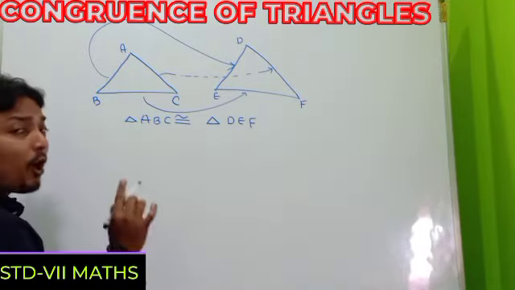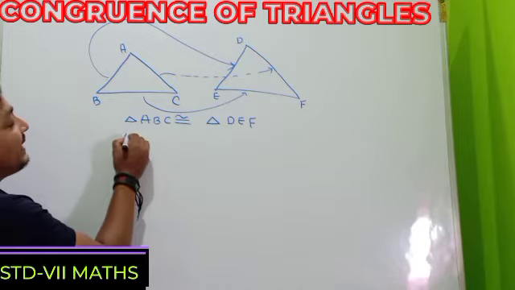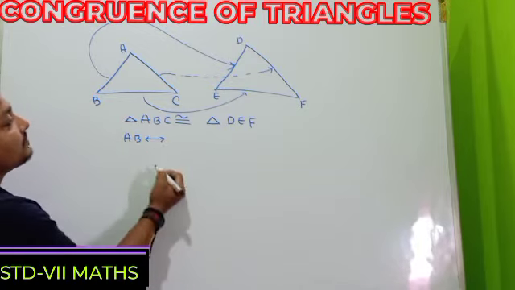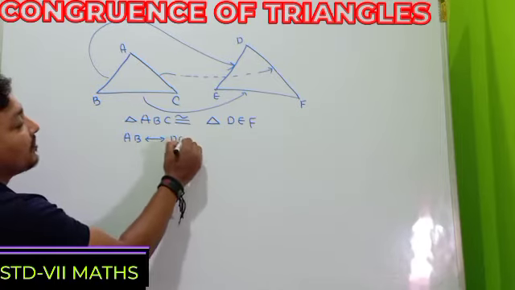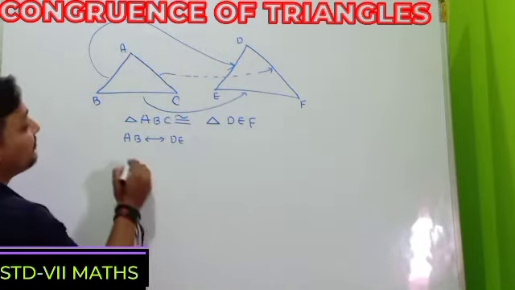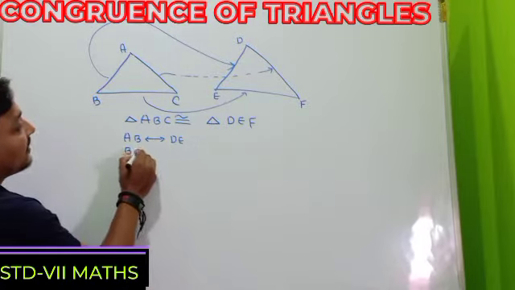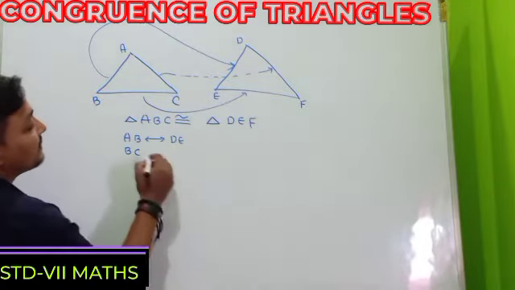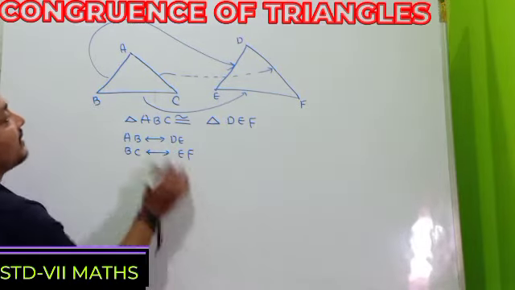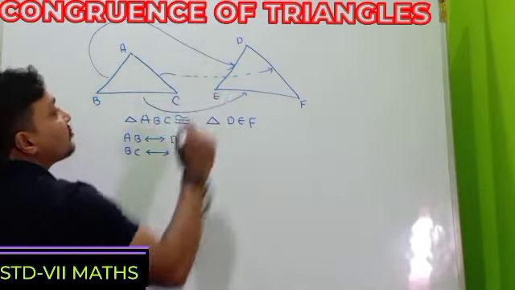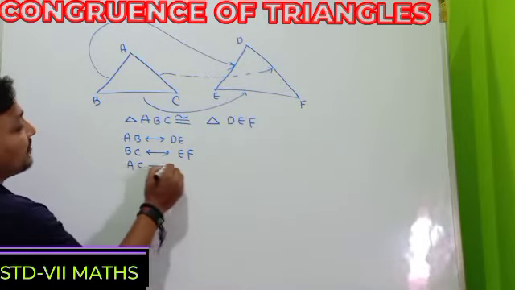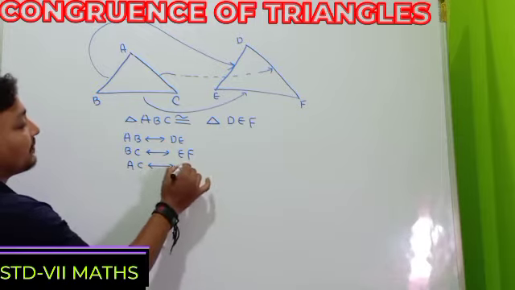Understood? So I can say AB should match with DE. AB will cover DE. Then BC will match with EF. Then AC must match with DF.